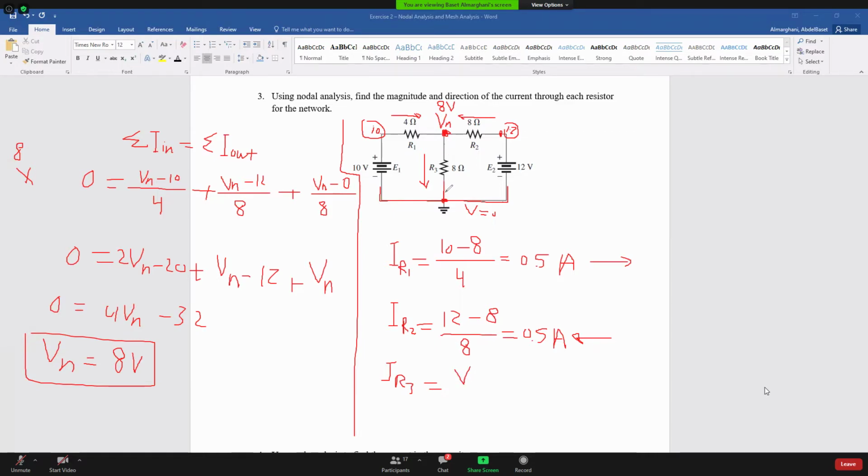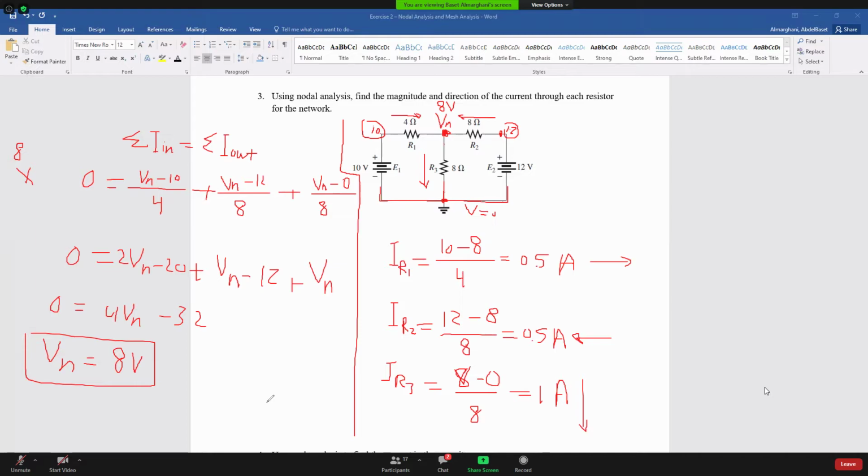This is 8 minus 0 divided by 8. This is 1 ampere, and it's going down. So it makes sense. 0.5 ampere comes from this side, 0.5 ampere comes from this side. Both together give me 1 ampere going down. This is the answer for this question.